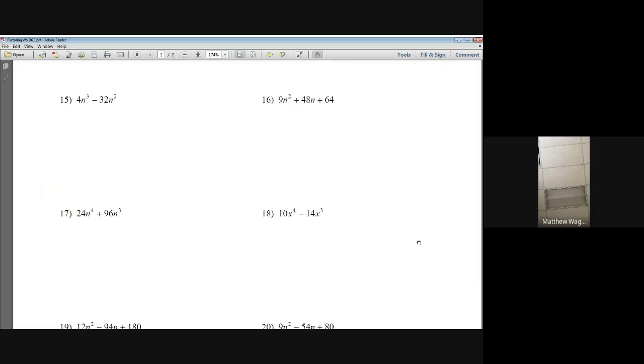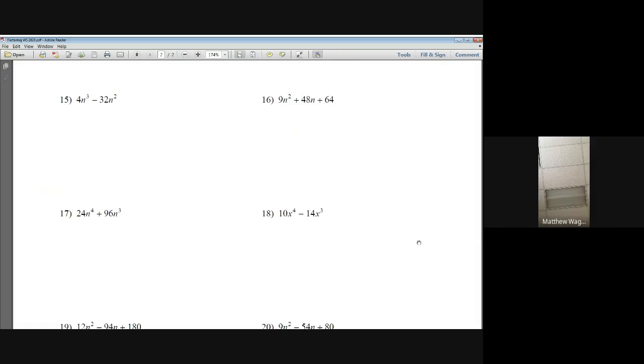In this case, we have a 4n squared, which is common. We're left with n minus 8. Again, take out what's common, make your life easier. I think that probably does it for things.